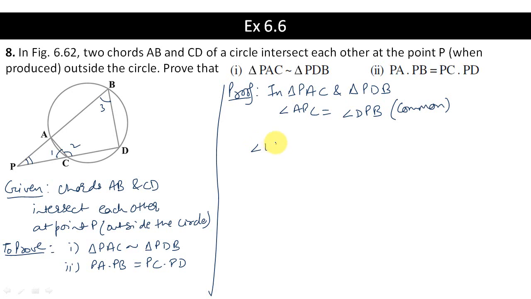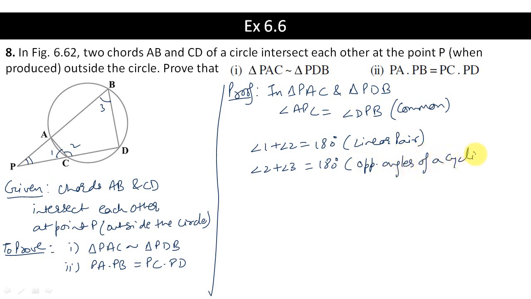So angle 1 and angle 2, the sum of these two angles will be 180 degrees as they are forming a linear pair. And angle 2 plus angle 3 will be again 180 degrees, because ABDC is a cyclic quadrilateral and angle 2 and angle 3 are opposite angles of this quadrilateral, and opposite angles of a cyclic quadrilateral are supplementary.